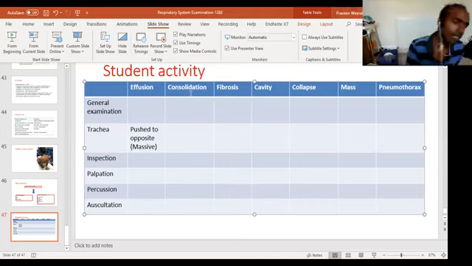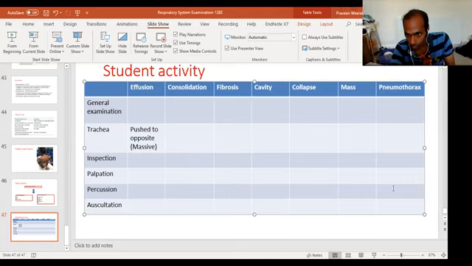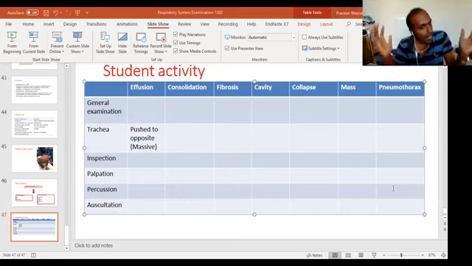The reason for that is, in a very massive effusion, something else can happen. The underlying lung can collapse in some cases. So now, what will happen? The massive pleural effusion is pushing the trachea. The underlying lung has now collapsed, which is now pulling the trachea.